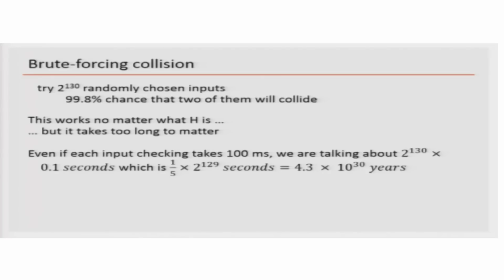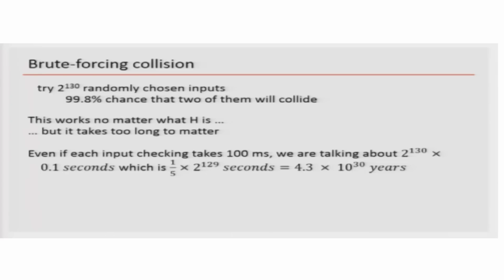Collisions of course can be found by brute forcing. So, if you have a 130 bit string mapped to, let us say, a 64 bit hash, then you have to try 2 to the 130 possible inputs and apply the hash to each of them, and you will find collisions, because collisions do exist. You can compute with simple combinatorics that with 99.8% chance collisions will be found.